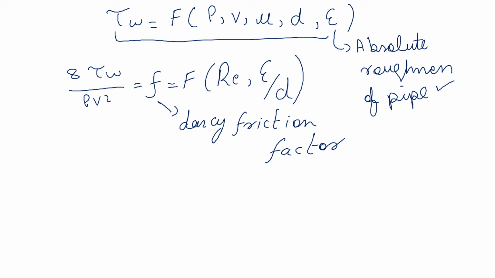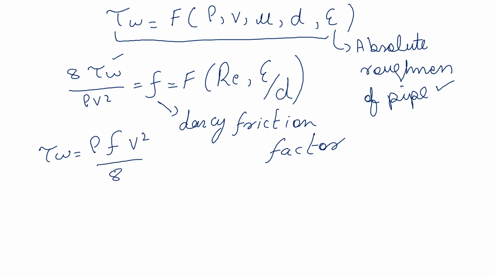Now we have another term for our shear stress, so let's write it as tau W equal to rho times the Darcy friction factor times V square divided by 8.